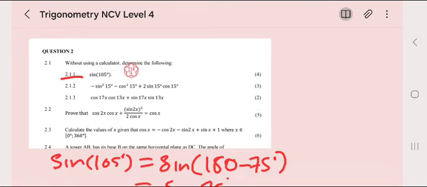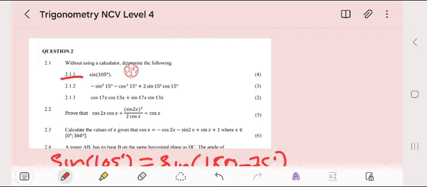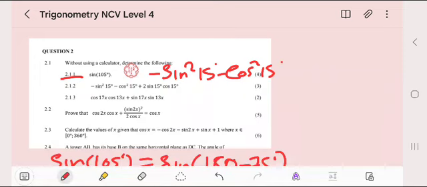Okay, it's fine. Enough for stories. Question 2.1.2. This is what we have there: sine squared 15 degrees minus cos squared 15 degrees, plus 2 sine 15 multiplied by cos 15.